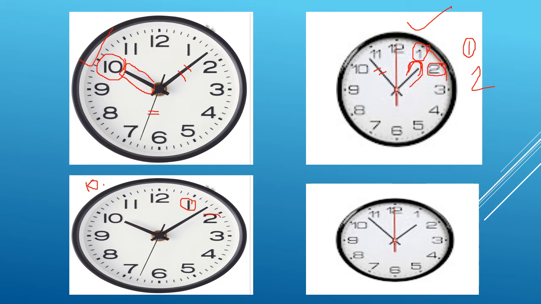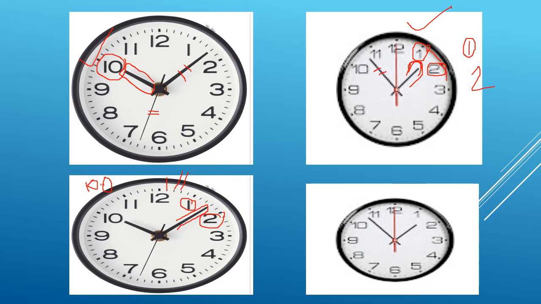Then can we say that it is 10:01? No, we can't say, because when we'll consider these minute hands, we'll have to count these points, the smaller points.